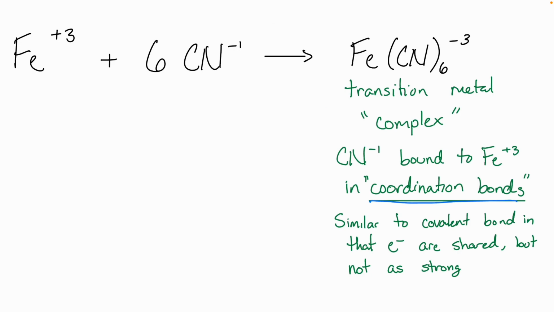Coordination bonds are similar in that you're sharing electrons, but it's not as strong of a bond. And really the real difference boils down to a quantum mechanical calculation, which is a little above our pay grade here, all right? So for our purposes, what we really need to know is our transition metals form these complexes, and the bonds in those complexes are called coordination bonds.